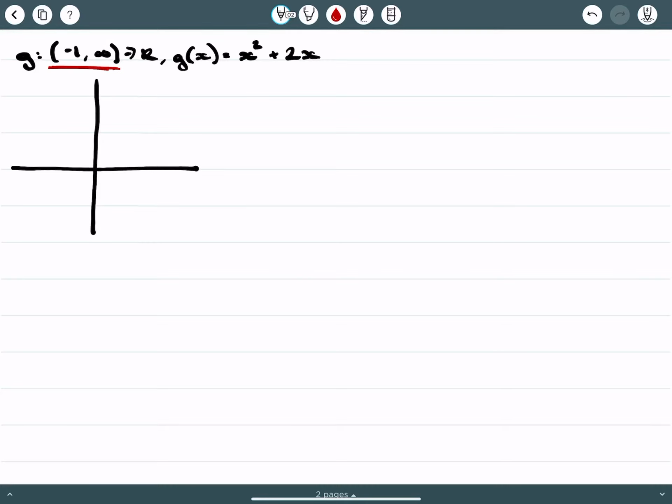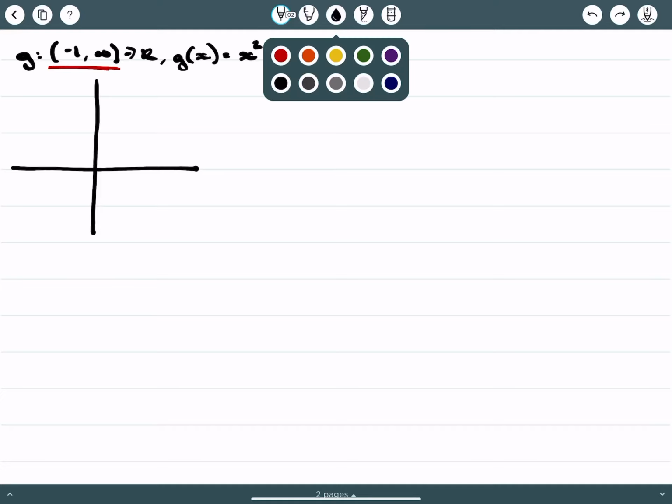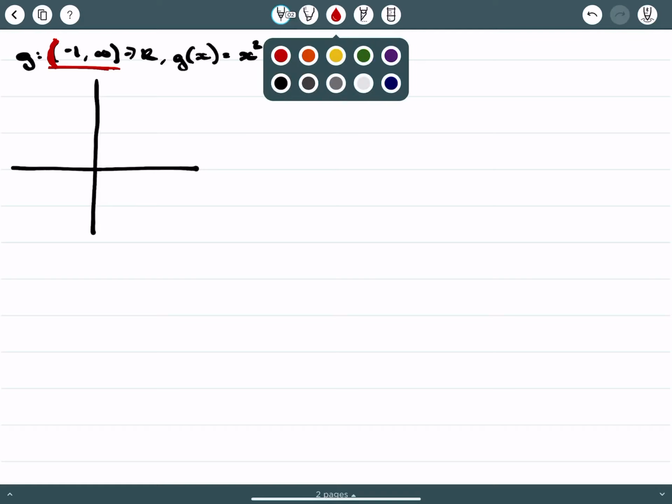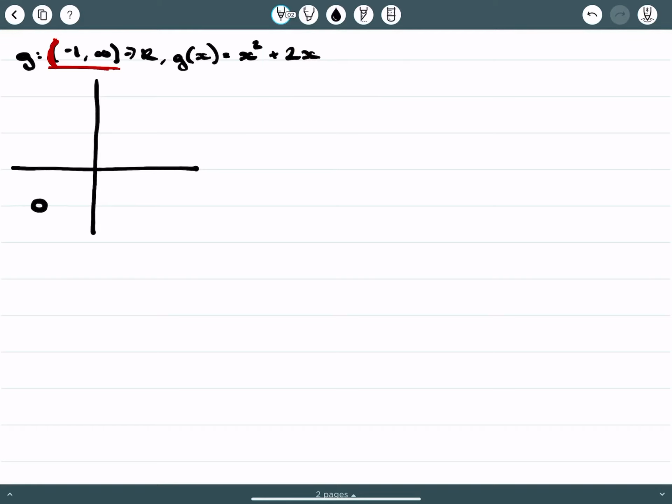The more you sketch quadratics, the more you'll recognize their characteristics. Because we have a curved bracket here, that translates to an open circle. We have (-1, -1) as our point, and then a parabolic curve going up like so. All right, so we have our function here.